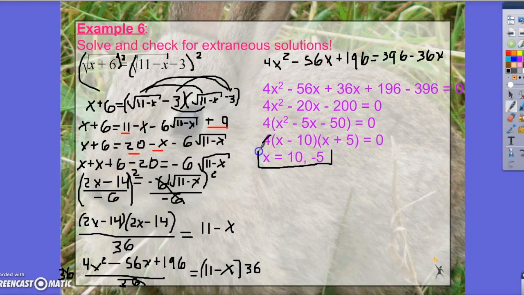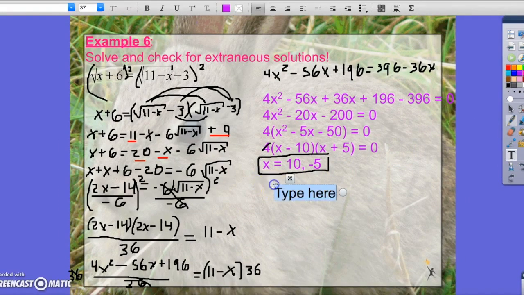We have to do the check. So check goes back in. Last thing, check into the original. All right. So 10 plus 6. I'll add my root in a second, since I'm writing it out.